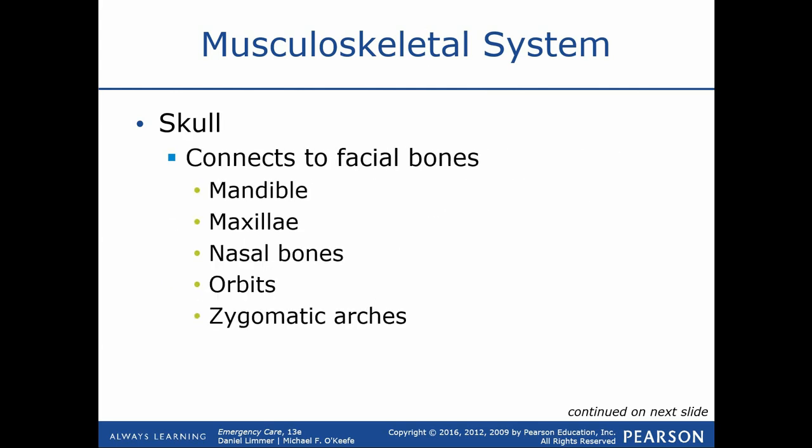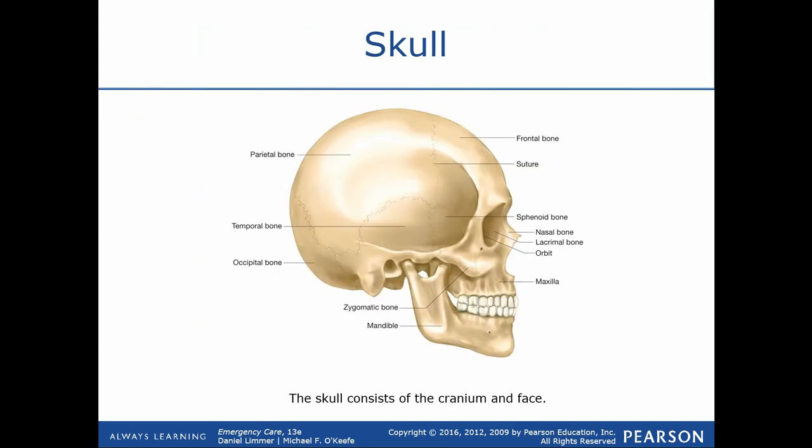So I want to skip ahead to the next image here. When we come across these types of things, we need to really take some time to look at it. You will be required to label each and every one of these components at one point or another. It's important that as we are performing assessments on our patients that we can look at this, we can identify the location of an issue and accurately describe that.